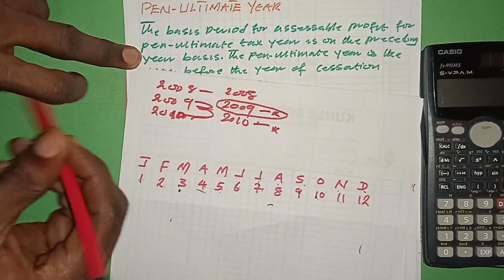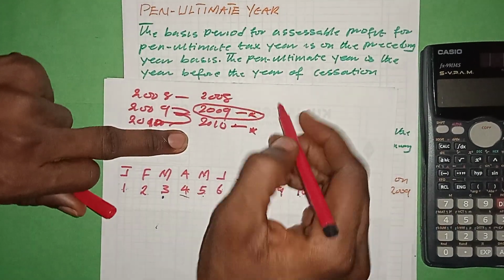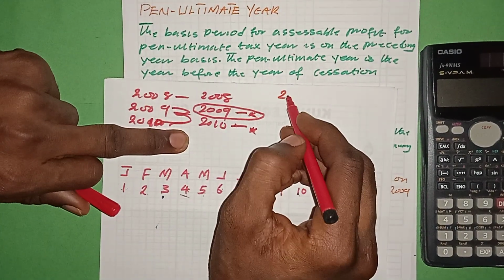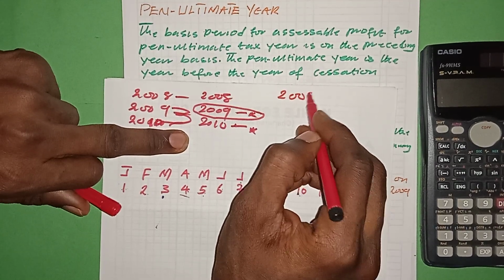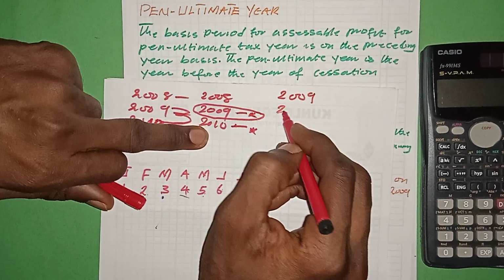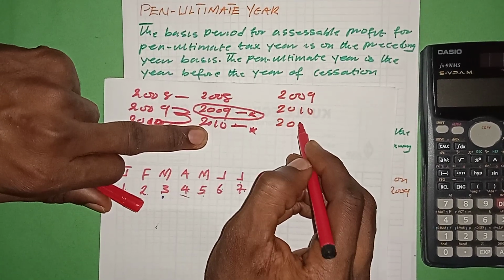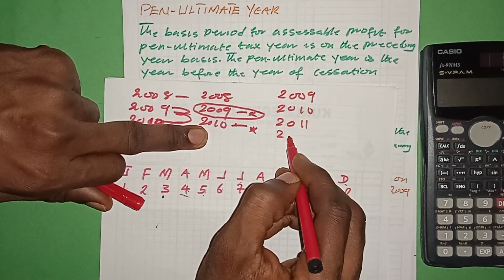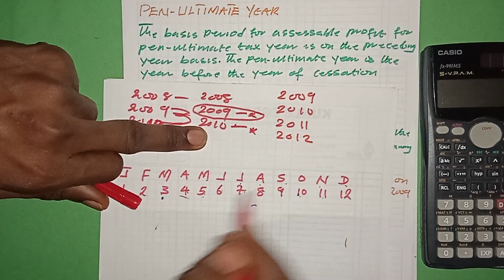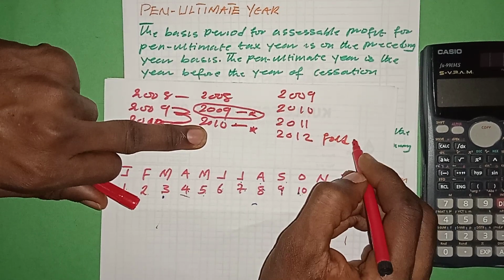Now, before we solve one example, let me just give you this scenario. Let's assume the business started 2009. Let me change the date. It ran 2010, 2011, 2012. Now the business folds up here.